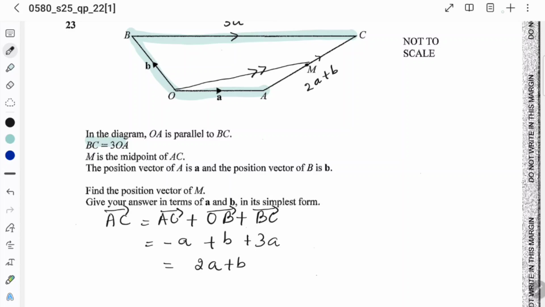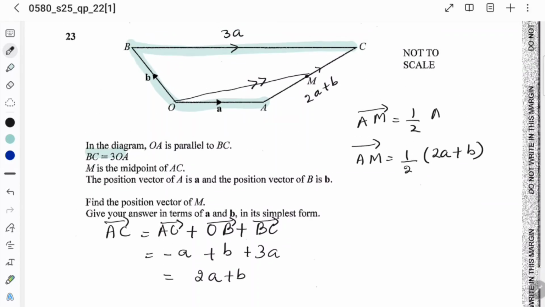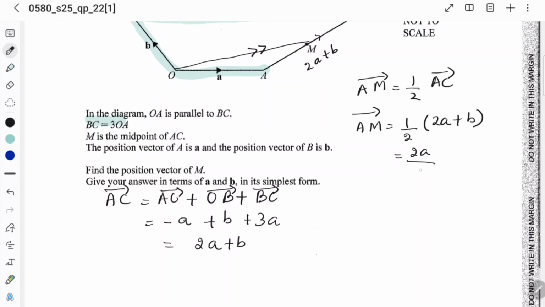Now first find AM separately. AM is equal to half of 2a plus b, which is half of AC. So that is 2a upon 2 plus b upon 2, which is equal to a plus b upon 2.